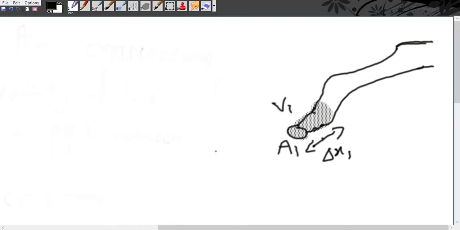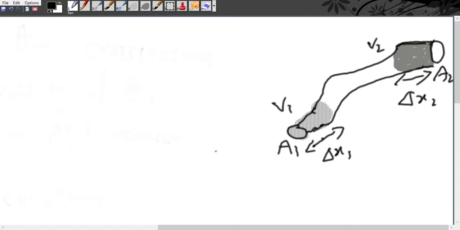Also suppose that the area with dark shadow has cross-sectional area A2 and is covering distance delta x2, and here the velocity is v2.